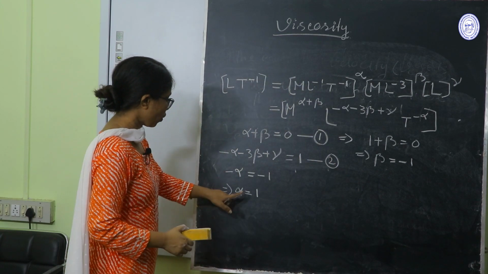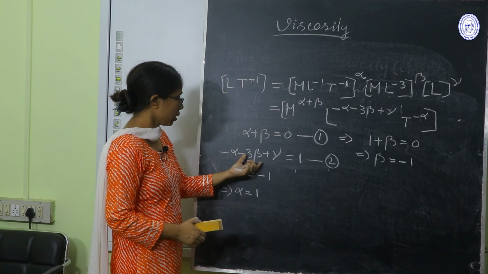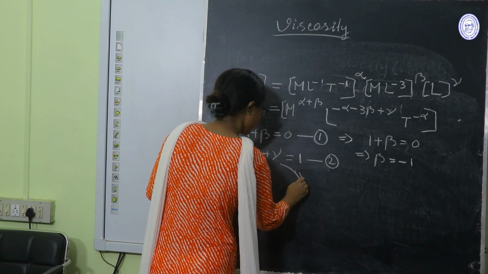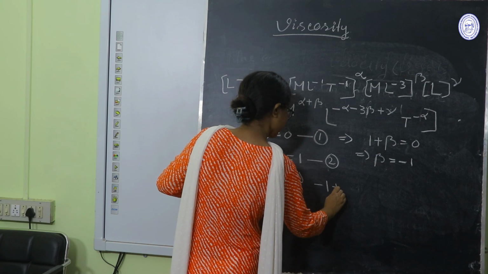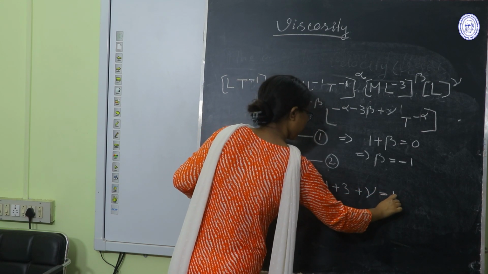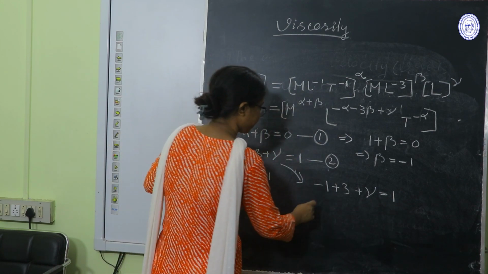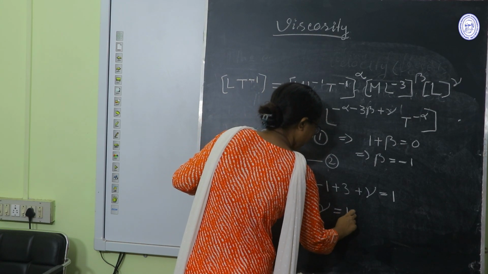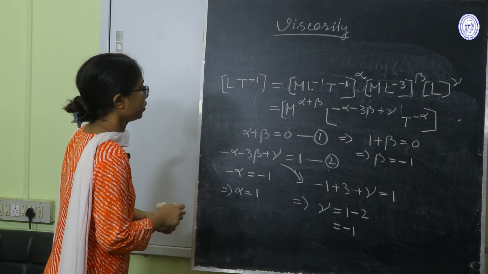Putting alpha equal to 1 and beta equal to minus 1 in equation 2, minus 1 plus 3 plus gamma is 1, so gamma is 1 minus 2, that is minus 1.